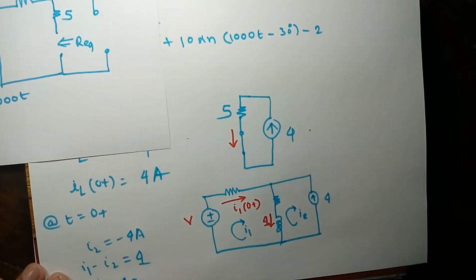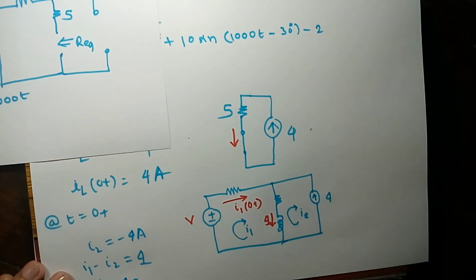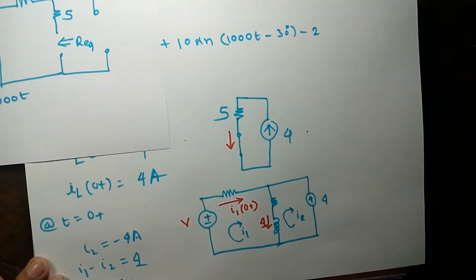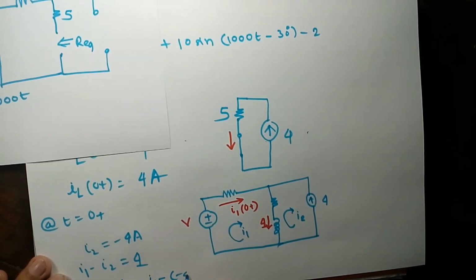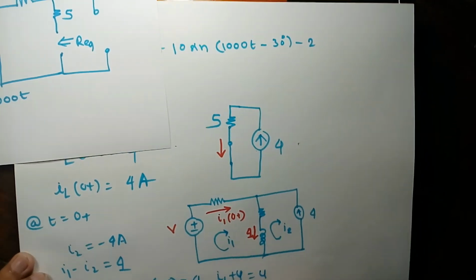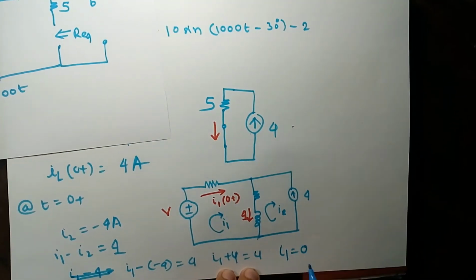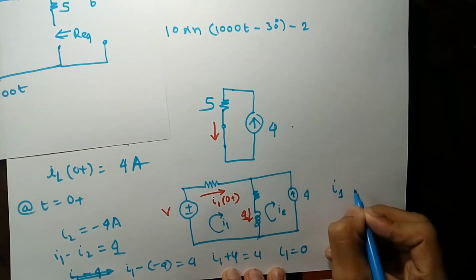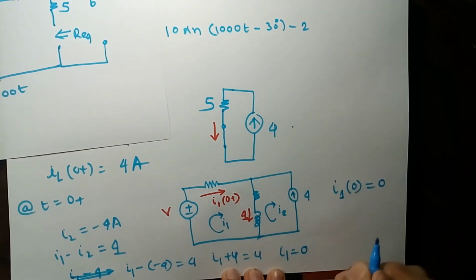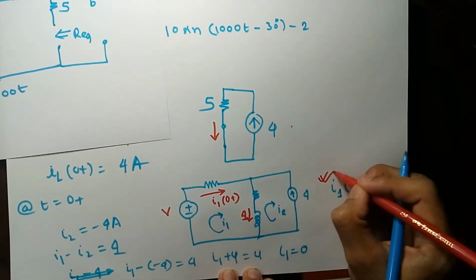So I1 minus (-4) equals 4, so I1 plus 4 equals 4, so I1 equals 0. So the current at the moment t equals 0 is 0. This is our initial condition, our boundary condition.